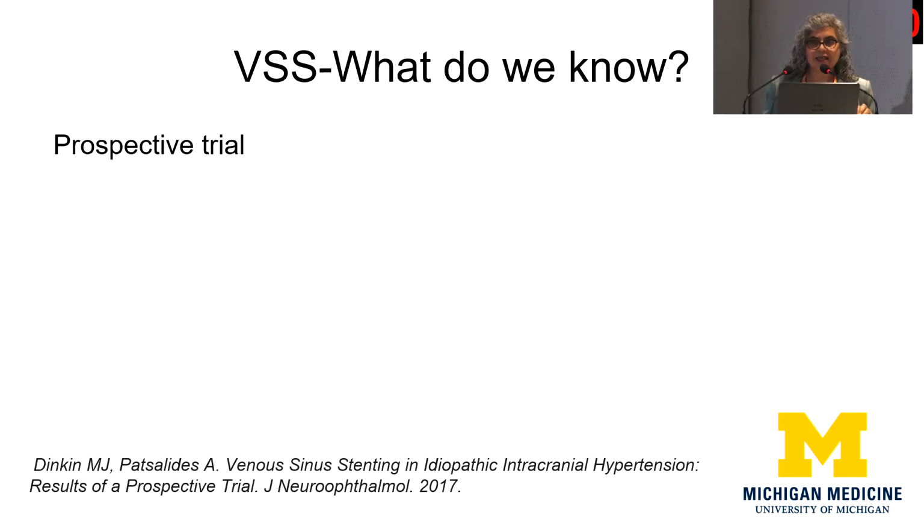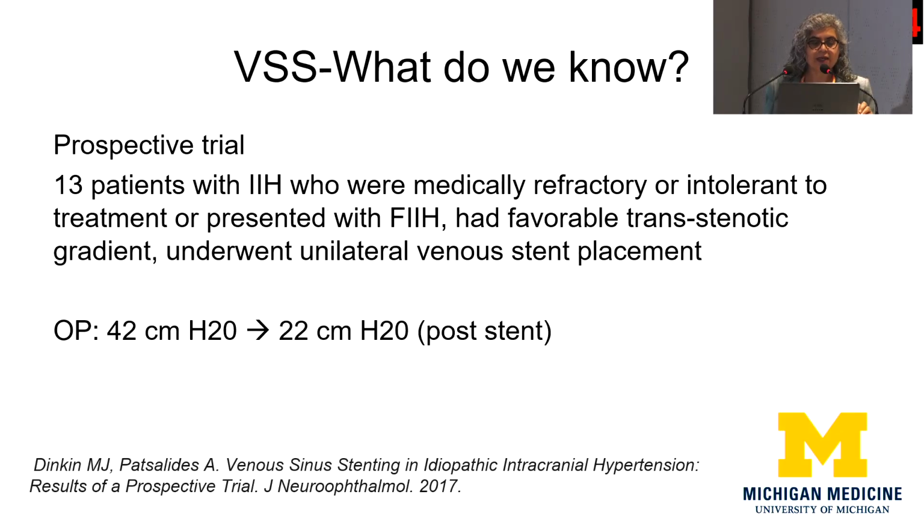This was the one prospective trial that addressed 13 patients with IIH who were either medically refractory or presented with fulminant IIH, and they had a favorable transstenotic gradient. They underwent unilateral venous sinus stenting, and the opening pressure improved from a mean of 42 to 22 post-stent. This decrease happens pretty quickly.